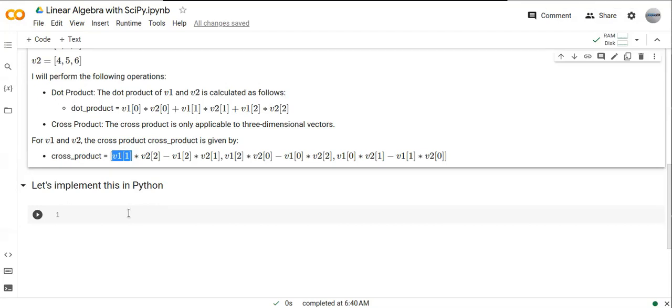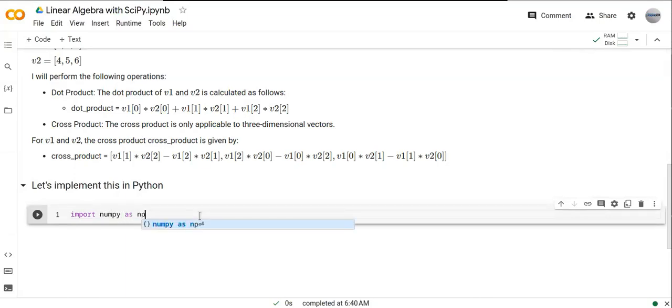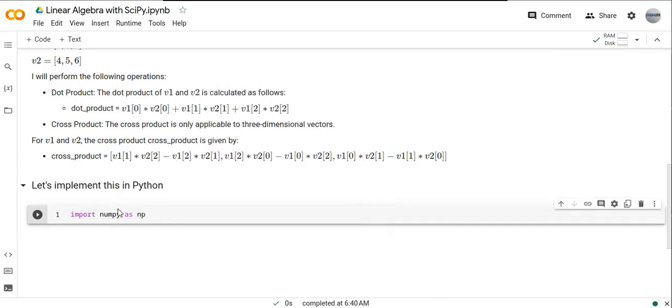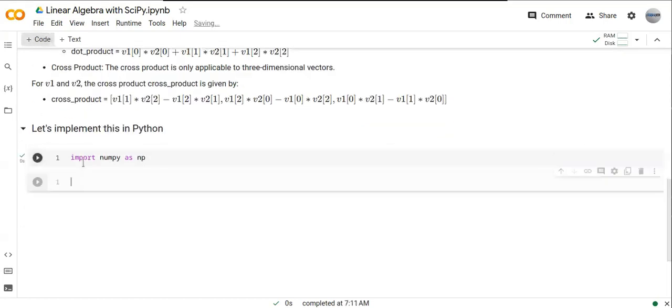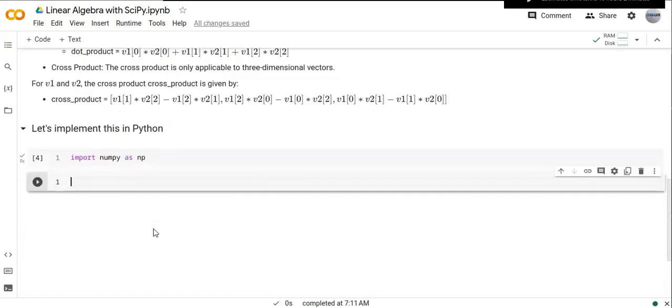You can easily demonstrate the vector products using Python. Okay, first of all, you have to import the NumPy library. This is the most powerful library for numerical computation. Then, let's define the two vectors, vector 1 and vector 2.